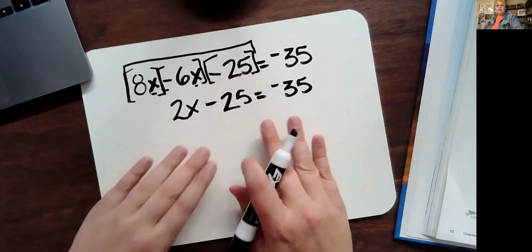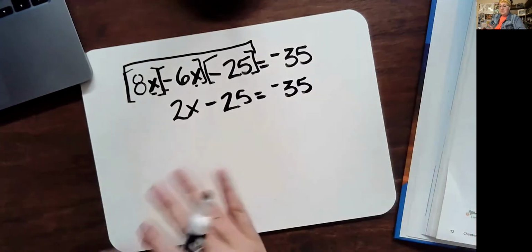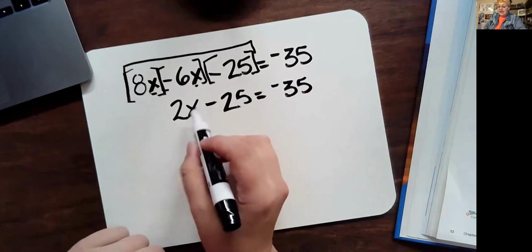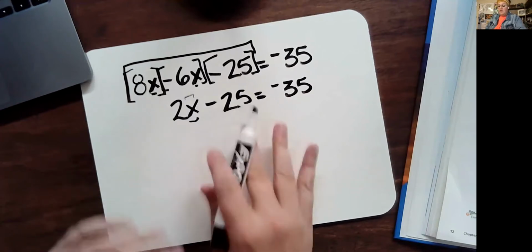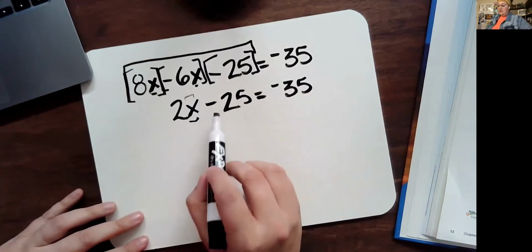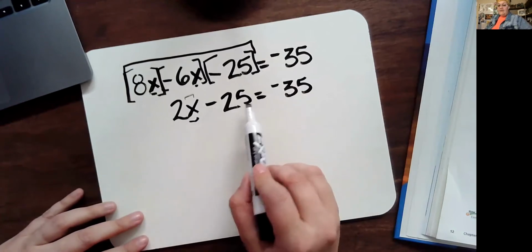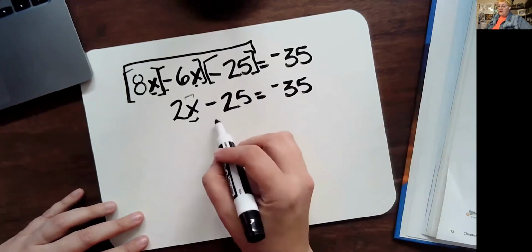Now we have a very similar equation to what we just saw before. We're going to use the same exact strategy to isolate x all by itself. First, we have to get rid of all the other numbers. We're going to get rid of the ones that aren't attached to the x because that's easier. We have this minus 25, so we're going to do the opposite of that to cancel it out.